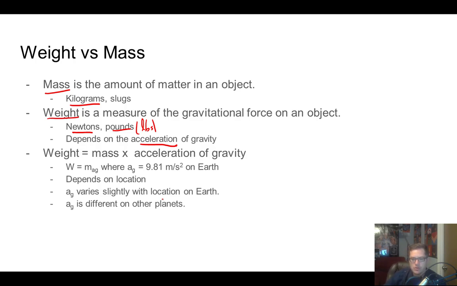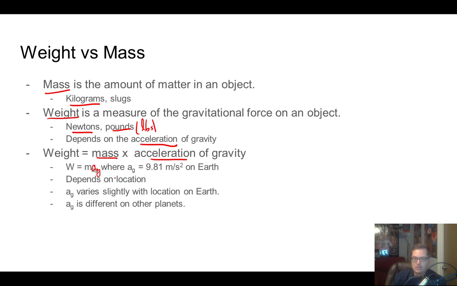So in order to calculate your weight, you simply take your mass and multiply it times the acceleration of gravity. So your weight equals mass times the acceleration of gravity, where a_g, this should be an a up here, and this should be a subscript g.